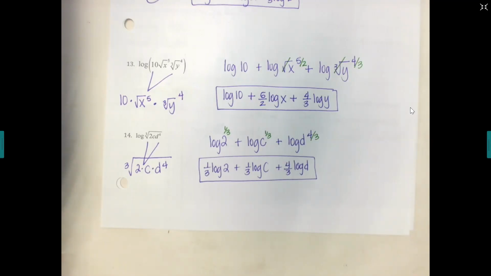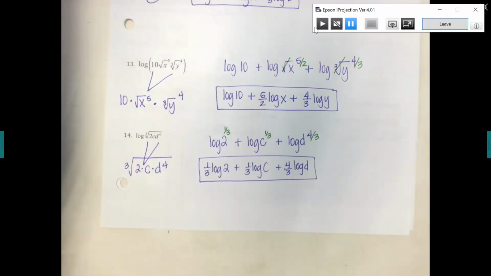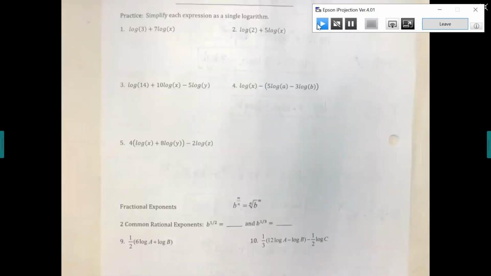All right, go ahead and turn to the last page. We should be able to run through this pretty quickly. I don't want to rush you on the homework, but I also don't want the notes to take forever either. So at the top, you're going to do the same 3 properties, but backwards.